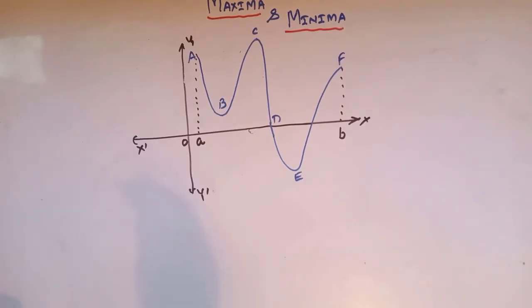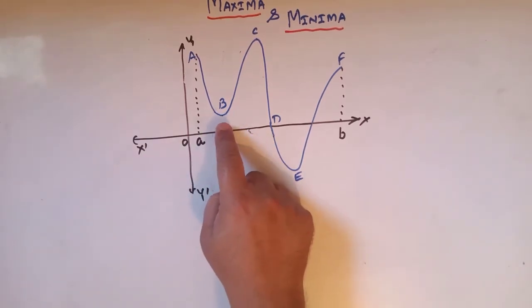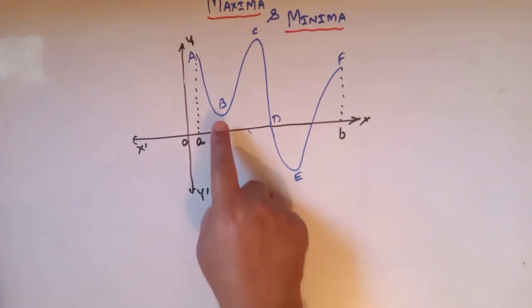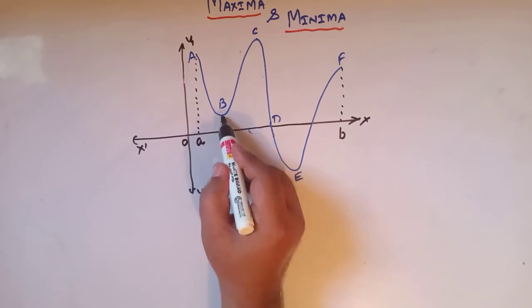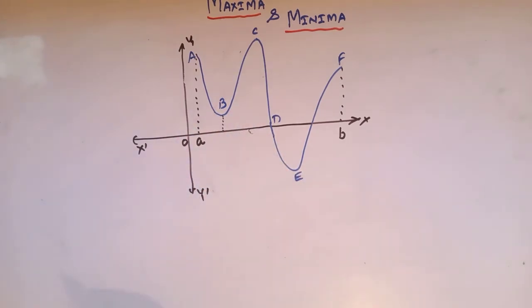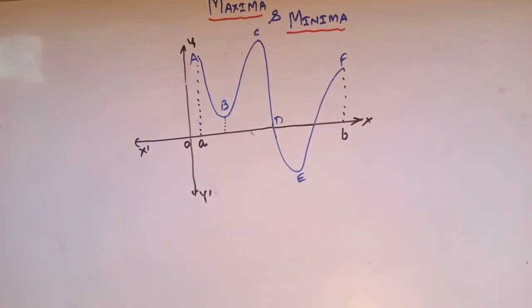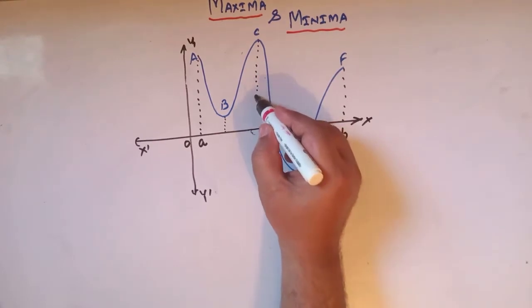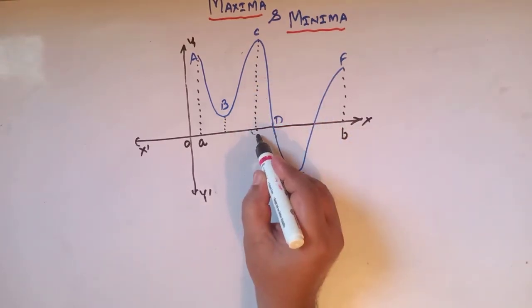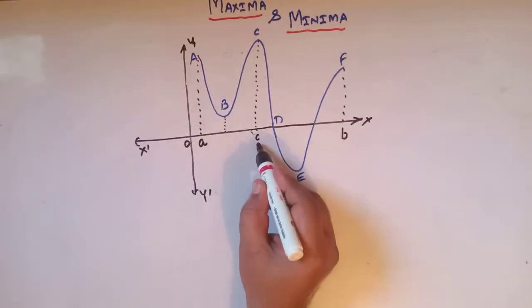Now viewers, we have discussed that this point B is a turning point, and we declared that this point B is a point of minima. Now we'll take this point C. Clear? Now let us take this point C and take this point as small c. This is capital C, this is small c.